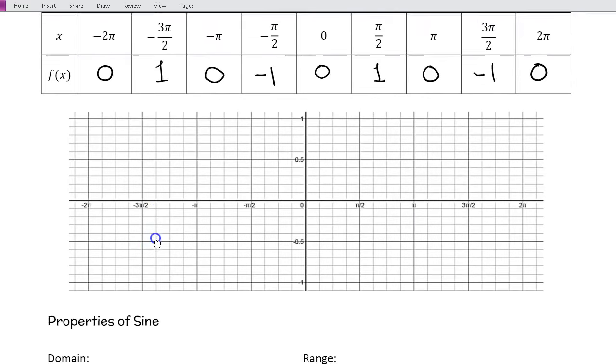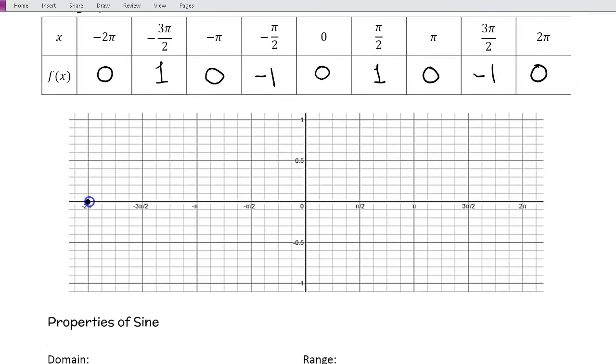So I have negative 2 pi, 0; negative 3 pi over 2, 1; negative pi, 0; negative pi over 2, negative 1; 0, 0; pi over 2, 1; pi, 0; 3 pi over 2, negative 1; and 2 pi, 0.